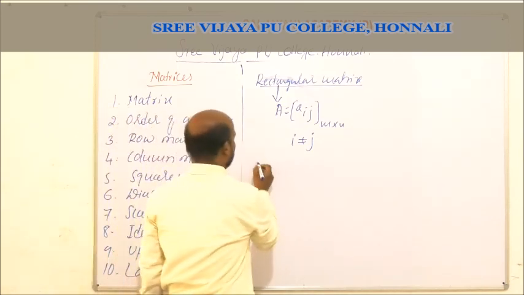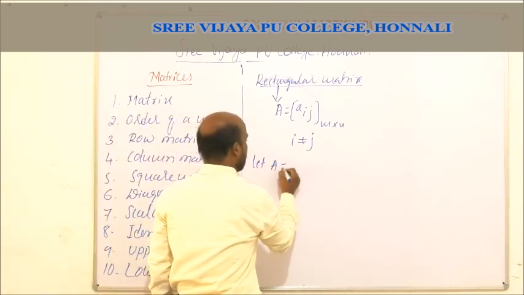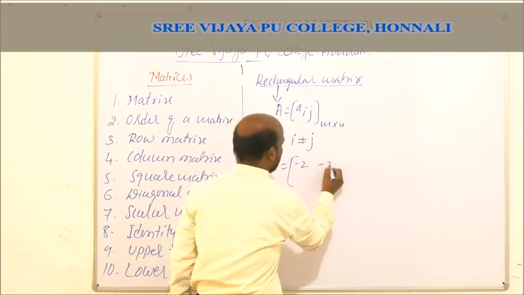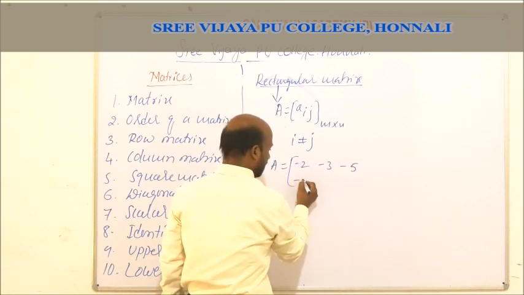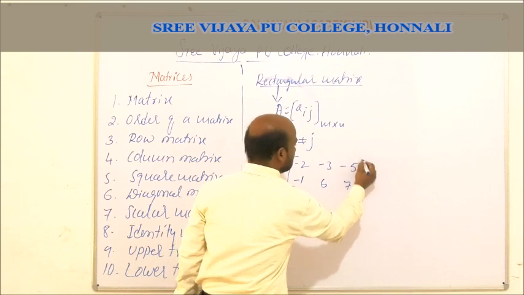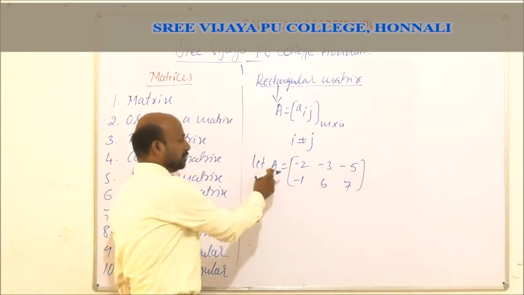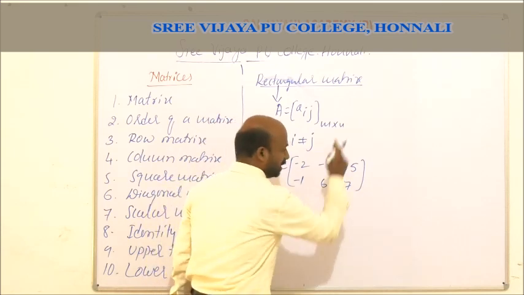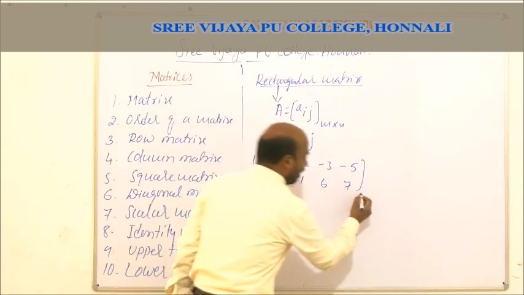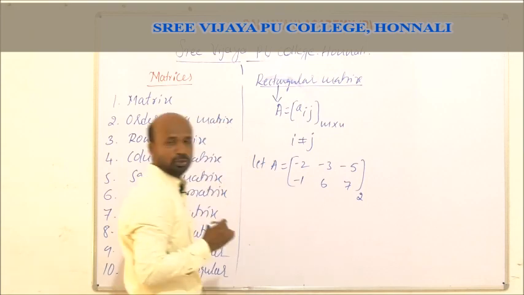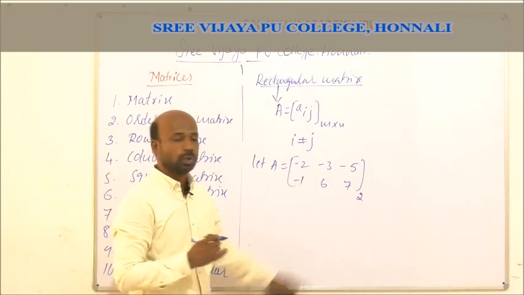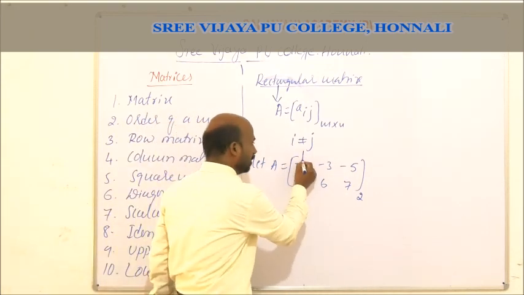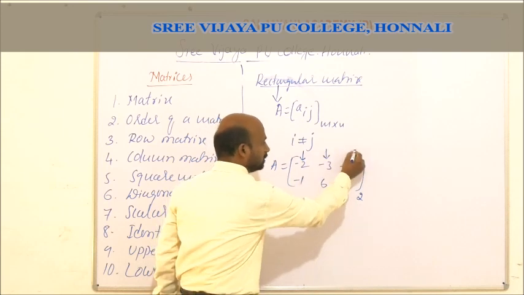So for example, let us take the matrix A = [-2, -3, -5; -1, 6, 7]. The matrix A has a first row and a second row, which means it has 2 rows. So the first number in the order is 2. And it has first column, second column, third column.